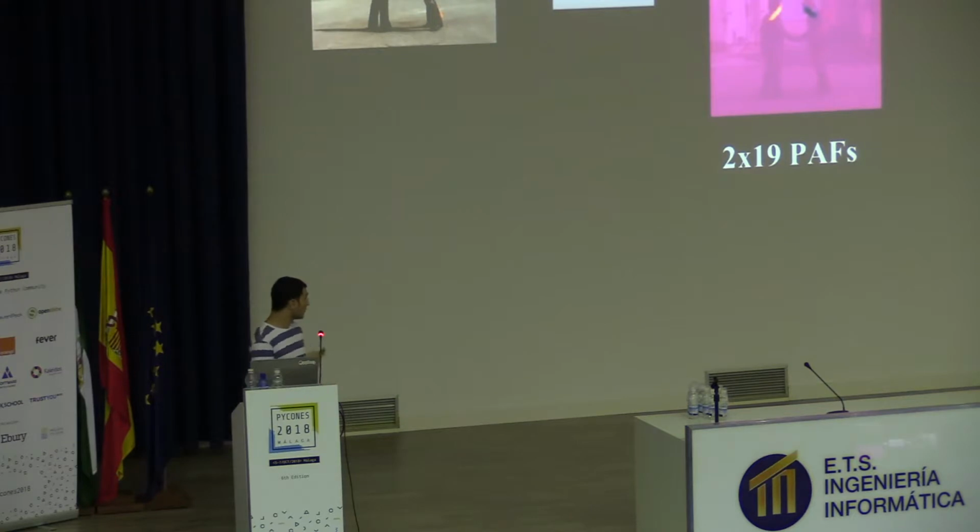We call this part affinity fields. We're going to use these part affinity fields to score each possible connection between the detected body parts in the heat maps. So we're going to do some post-processing here, and after all, we're going to get those skeletons.